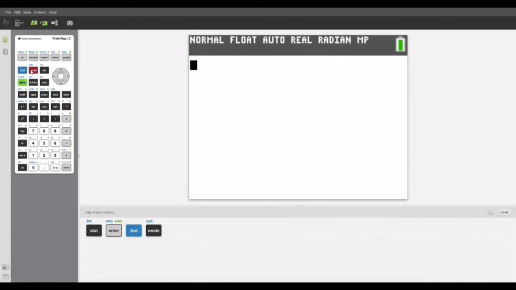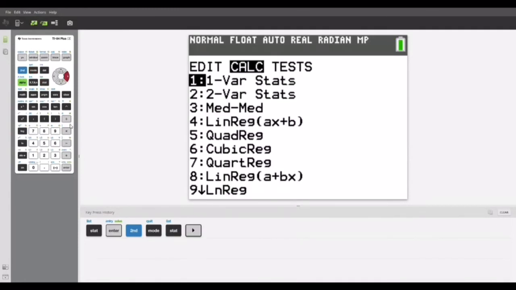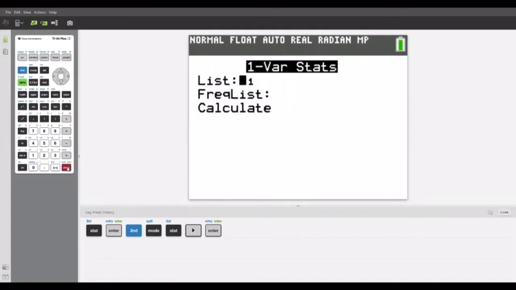Next thing we are going to do is go to Stat, Calc, One-Var Stats. L1 is where our list is, and our frequency list or our probability list in this case is L2. If you have an older style calculator, you are going to do 1-Var Stats L1, L2 like we did in the previous chapters.